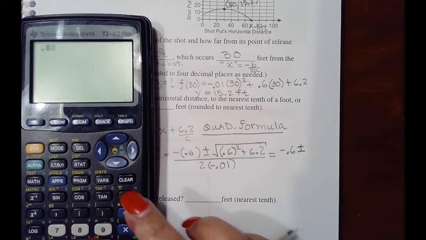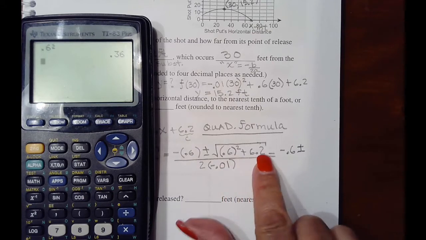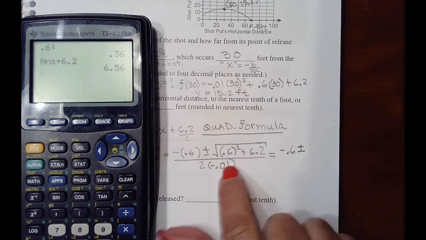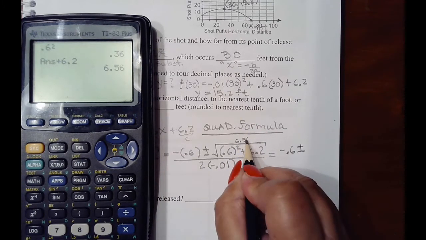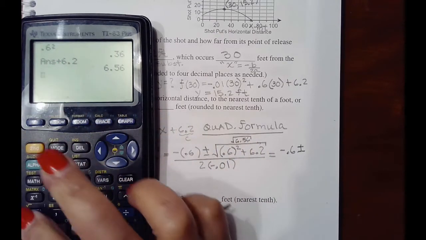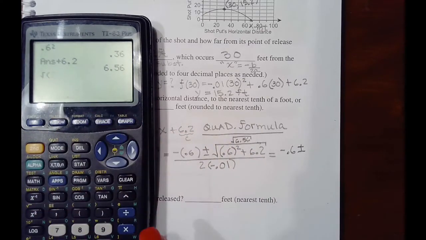Okay, so 0.6, square that, you get 0.36, plus 6.2, you get 6.56. That is the number that's underneath, and I want to take the square root of that. So second square root, and then second answer, close it up, and you have 2.5612.